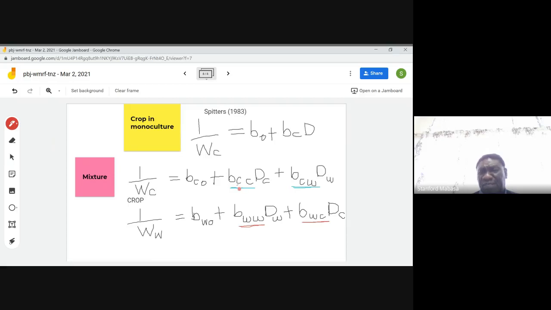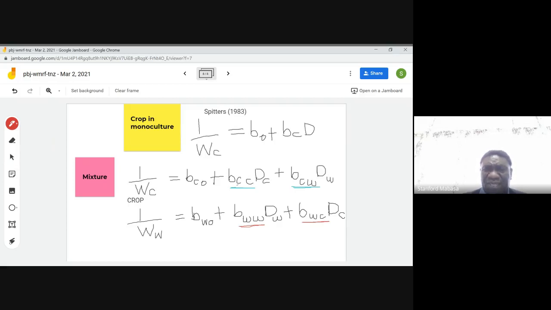So here we've got BCC showing us the intra-specific competition in the crop. Here, BWW is showing us intra-specific competition within the wheat.